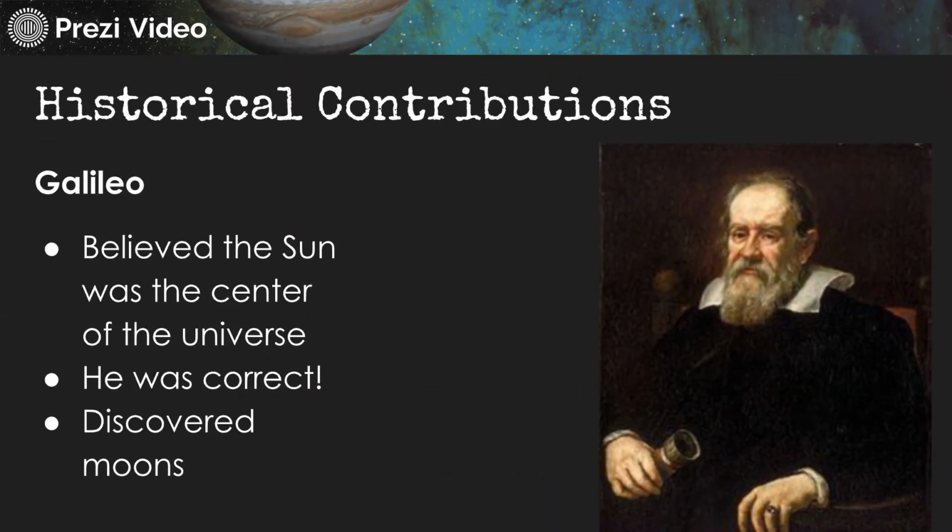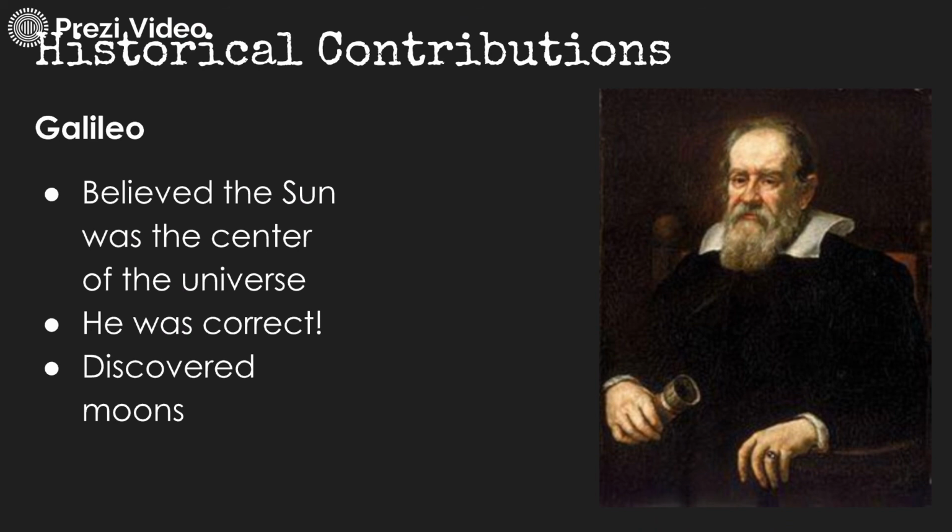They were developing a much better understanding. But it wasn't really until we get to Galileo, who is considered the founder of our modern astronomy knowledge. Not only did he believe that the sun was the center, and he was correct about that, but he discovered other planets and moons and other planetary bodies that humans had not known about before.